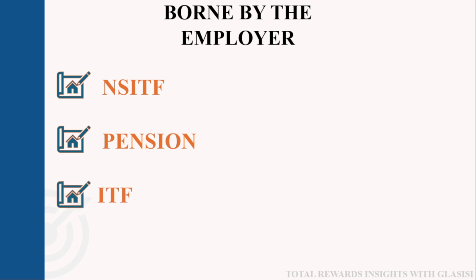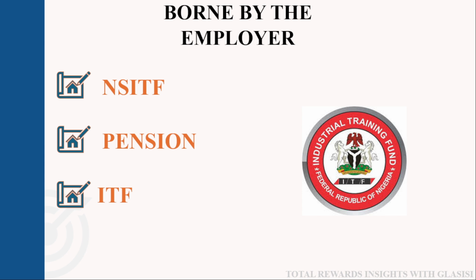The third one is ITF, Industrial Training Fund. The calculation is 1% and it is remitted to ITF. This is backed by the ITF Act, and the remittance helps to support employee training within the organization. There are processes to ITF as well. The employer can be reimbursed and claims can be made, but for the sake of today's video, I won't be diving deeply into ITF.